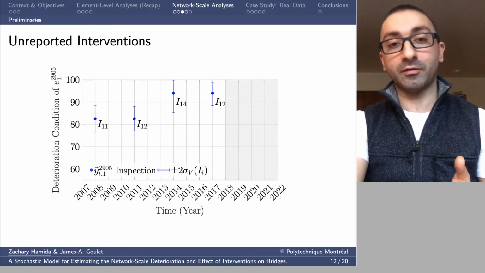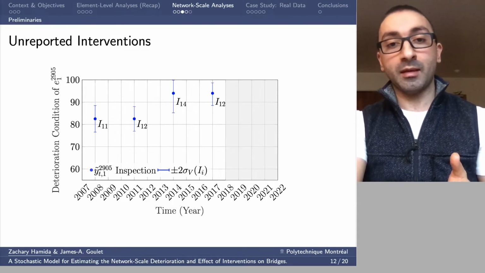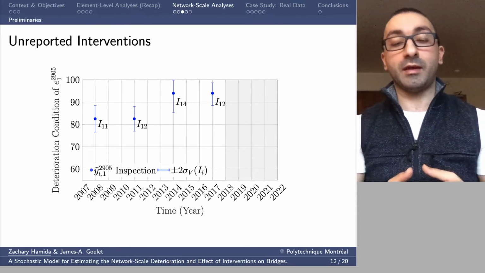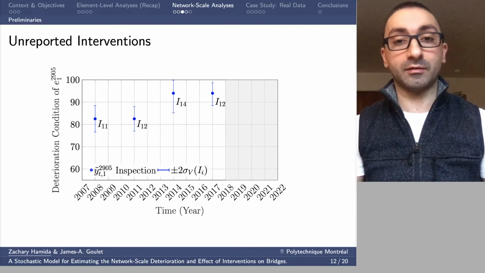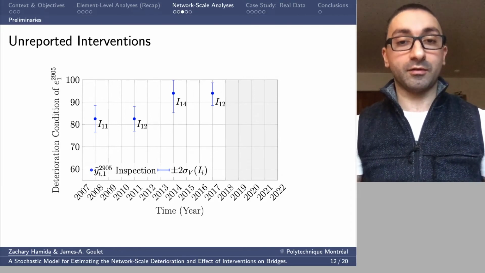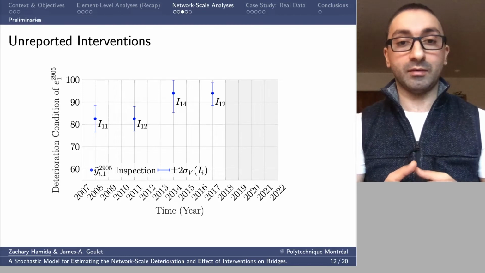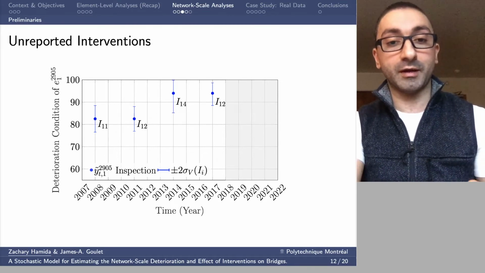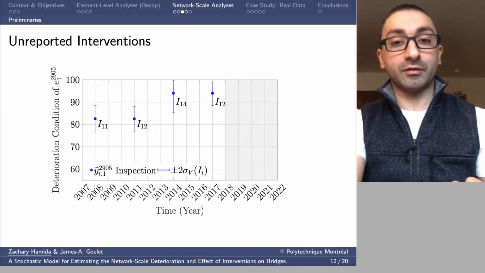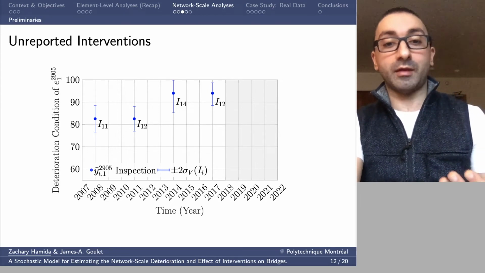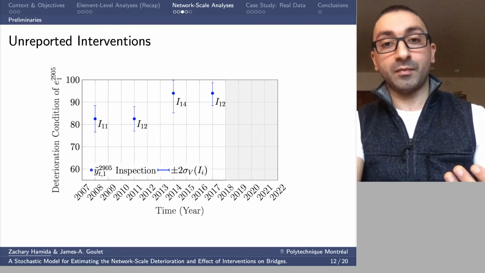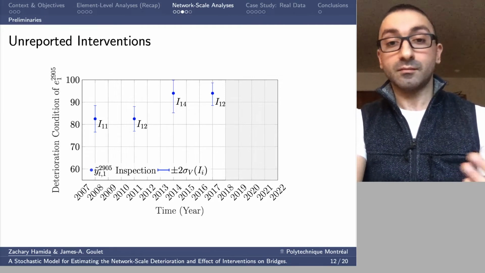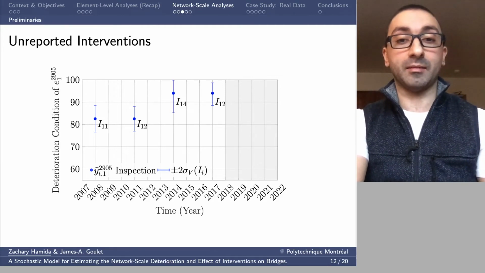And we have the inspections reported by the blue points. For this case, we have no mention of an intervention in the interventions database. So there is no information at all about the interventions. However, visually, we can see that an intervention could have happened in 2012, 2013, or even 2014. But we don't know when it actually happened.